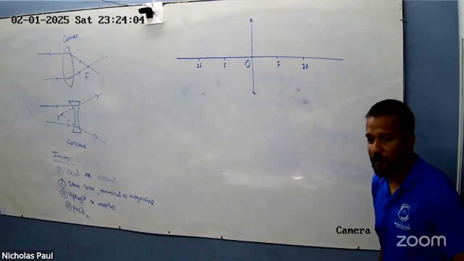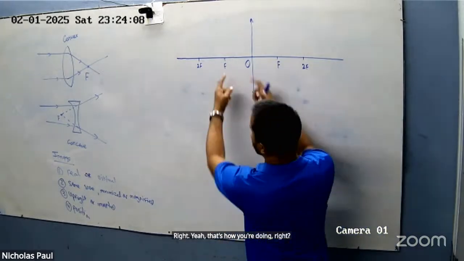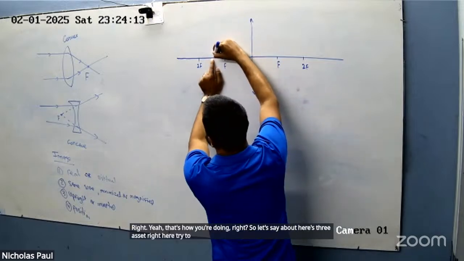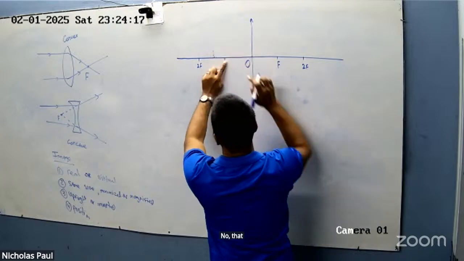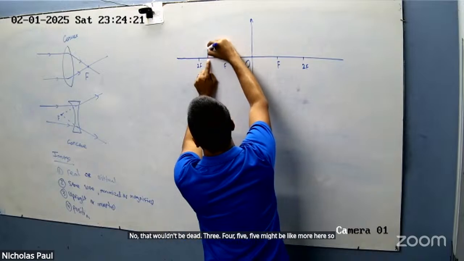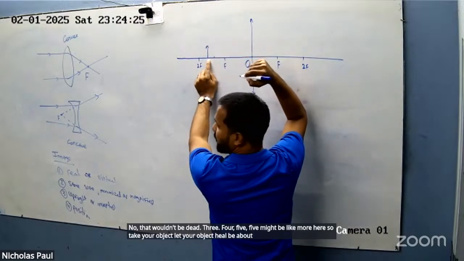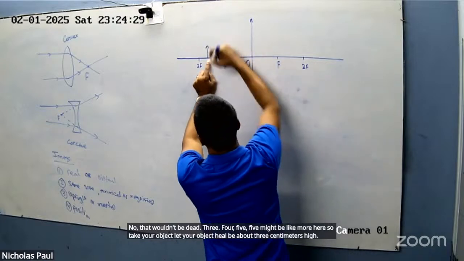Right. Here's what we're doing. So let's say about here's 3. Try the average where 5 centimeters is. 3, 4, 5. Place the object, let your object height be about 3 centimeters high, and draw your object coming up.